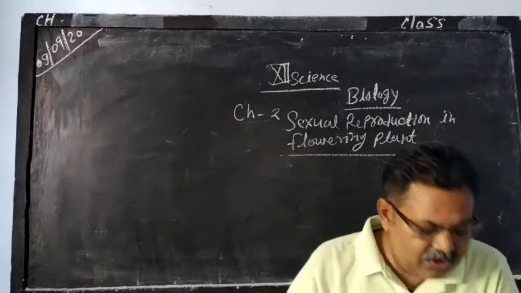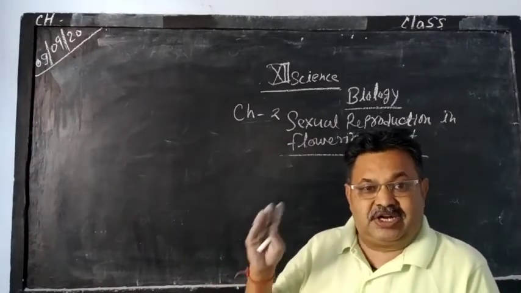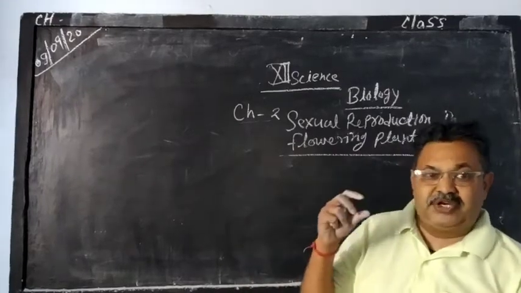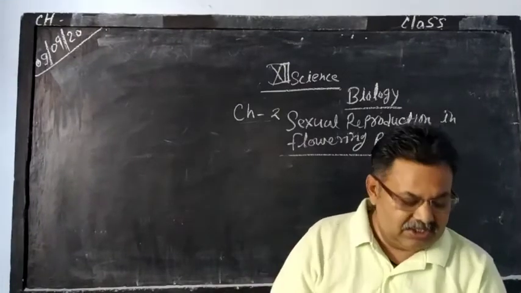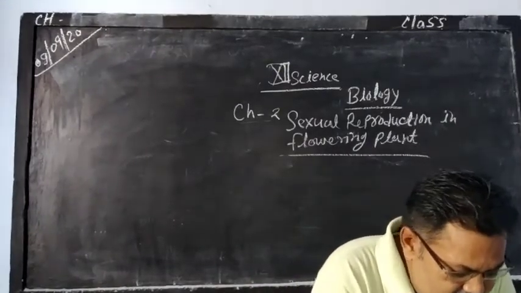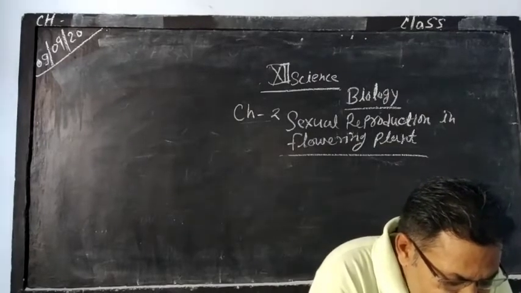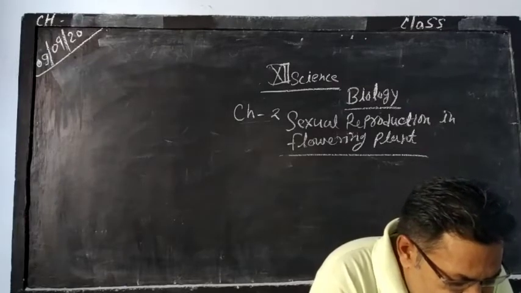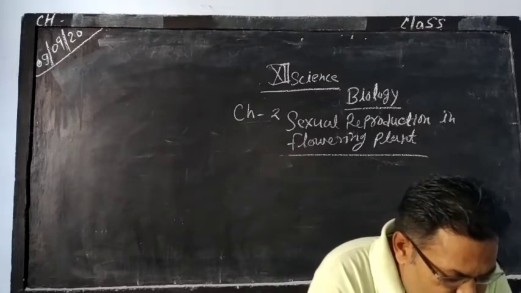Second, rich in fiber. Fruits are rich in fiber, so they control our blood sugar level. When blood sugar increases and we take a fibrous diet, it also helps. It also helps in high blood pressure and other factors that increase the chance of heart disease. So fruits rich in fiber are very important to us.